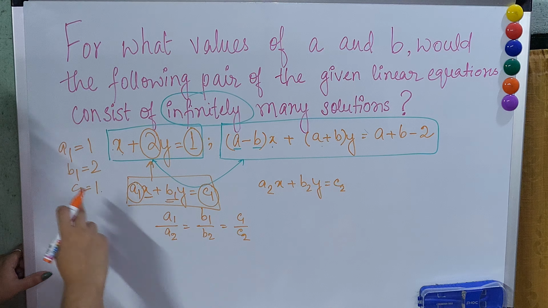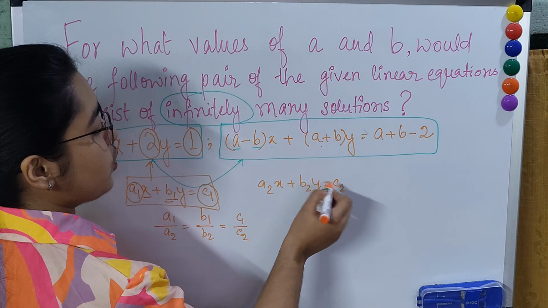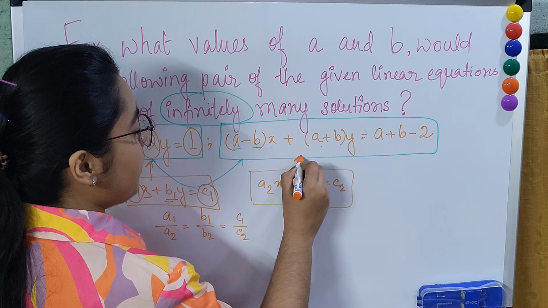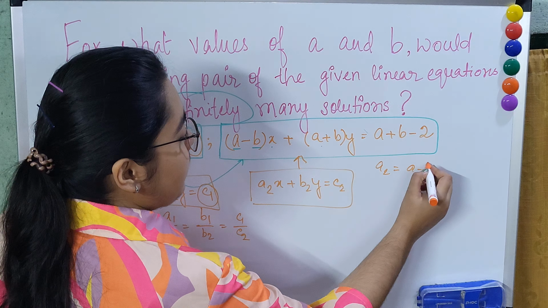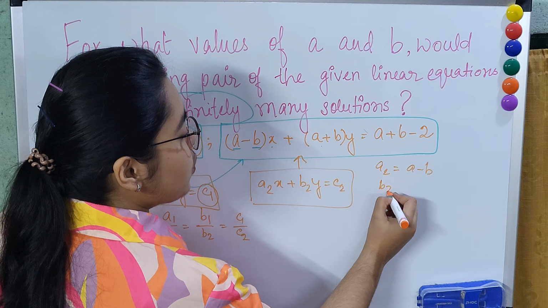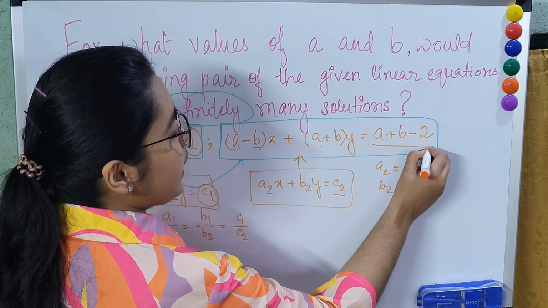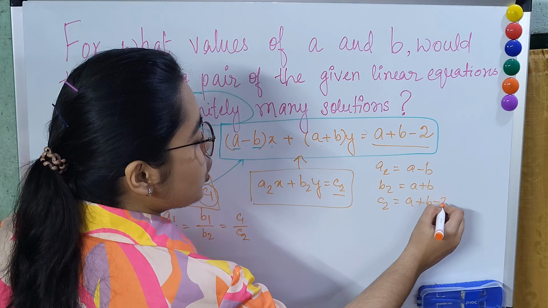We are done with a1, b1 and c1. Now let's find the values of a2, b2 and c2. Comparing with the second equation, we get a2 is equal to A minus B, b2 is equal to A plus B, and c2 is the only constant, so c2 is equal to A plus B minus 2.